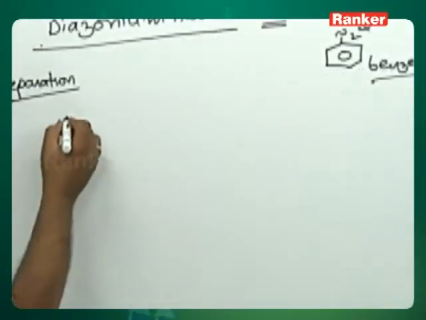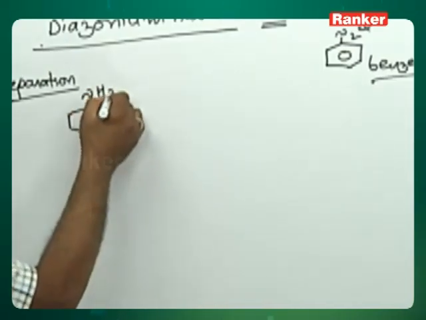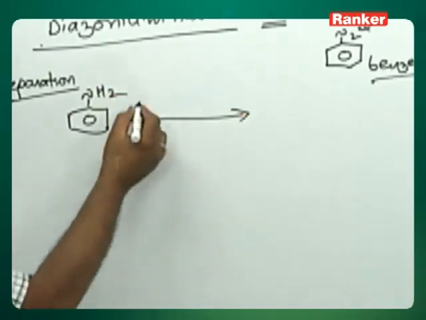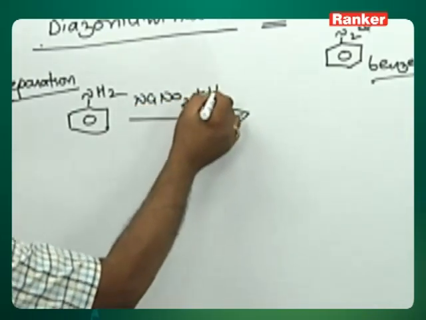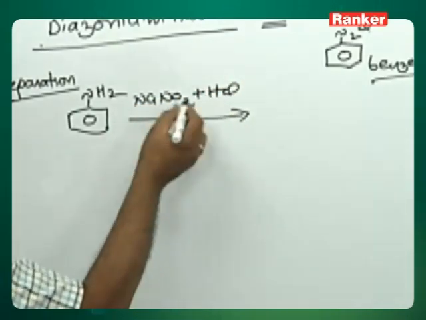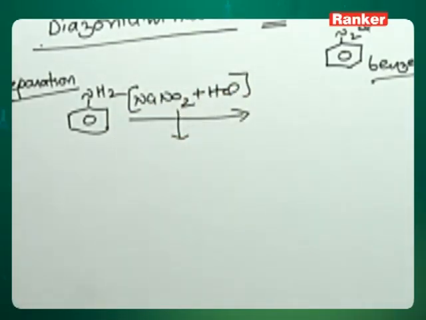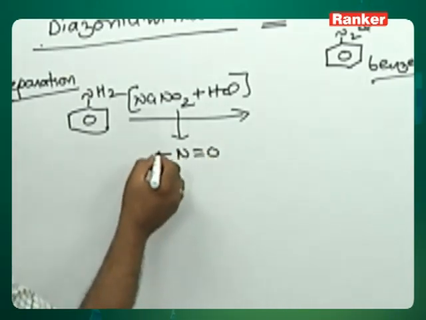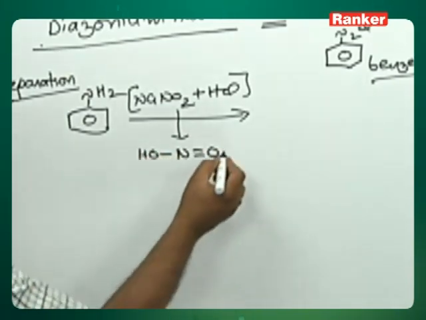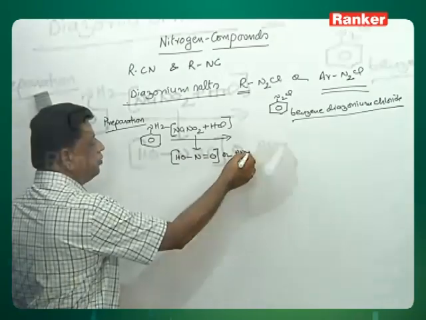How we prepare it: take the corresponding aromatic amine RNH2, treat it with a mixture of NaNO2 and HCl. This NaNO2 and HCl react and generate an unstable acid called nitrous acid. Nitrous acid has a double bond O and a single bond OH. You can also represent this as HNO2.